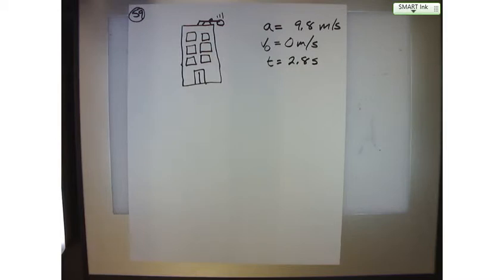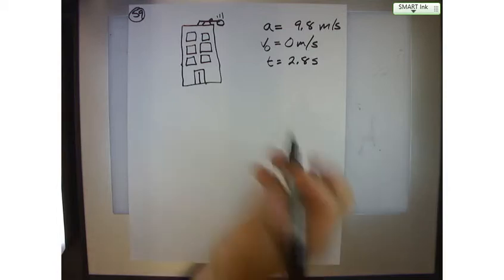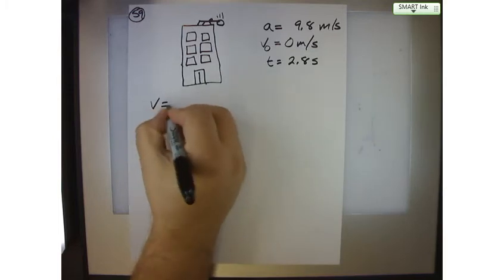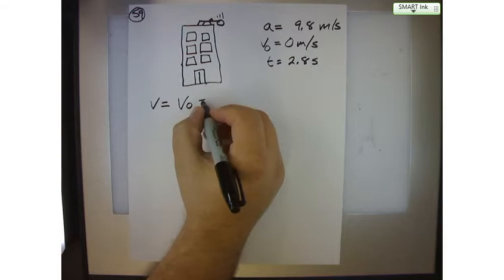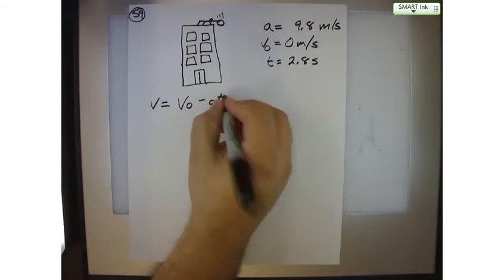So anyways, here's the thing. If I look at the free fall equations, which are actually on page 58, they have an equation that's listed as v equals v naught minus g times t.